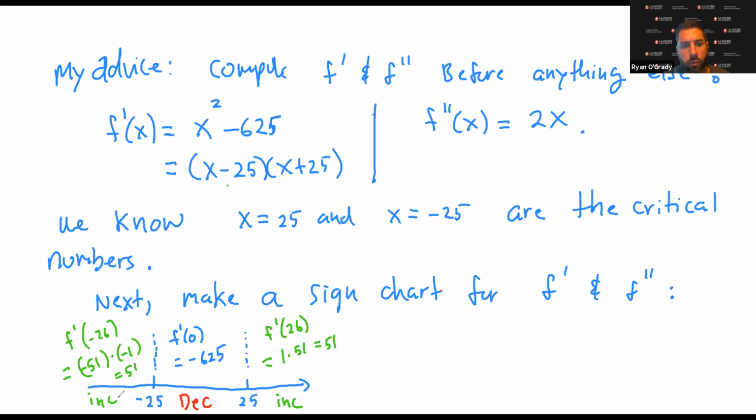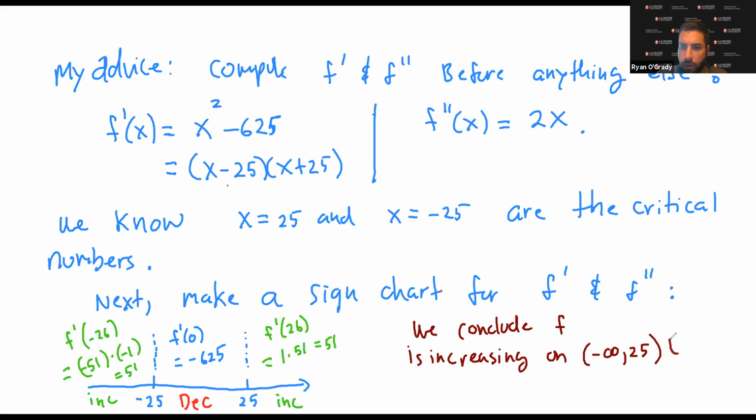Now, another thing worth pointing out is that I get a freebie, as this table tells us even more. So we conclude f is increasing on, and here's the correct way we'd write this, negative infinity to negative 25, and then we use this union symbol, which I don't know if any of you are familiar with, but if you're not, that's the correct mathematical notation, with 25 to infinity.